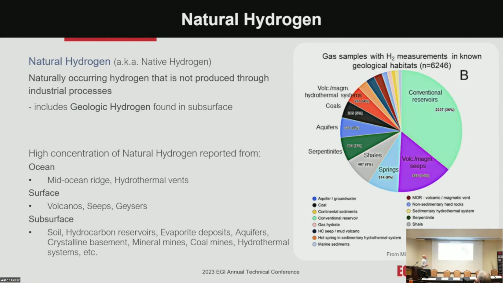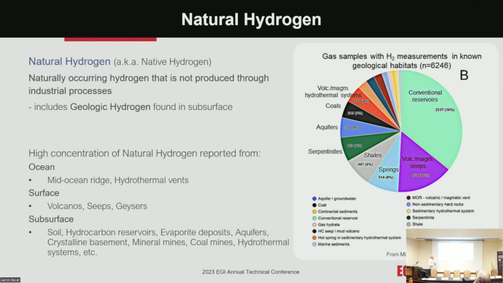Natural hydrogen, you can find it everywhere, really. This diagram is from Milkov 2022. He looked at over 34,000 gas sample data points, and he found hydrogen measurements in over 6,000 samples.